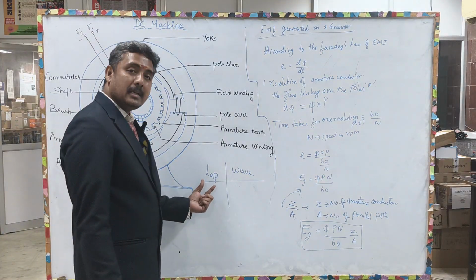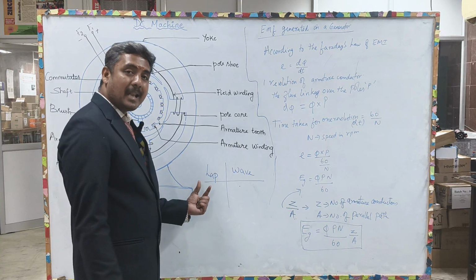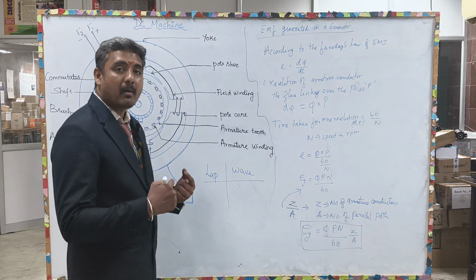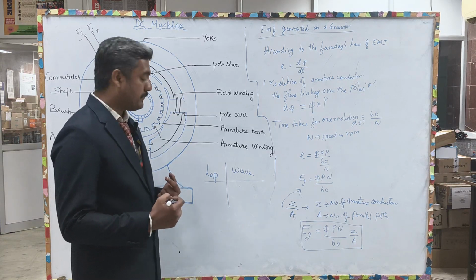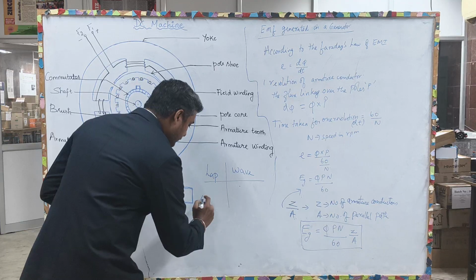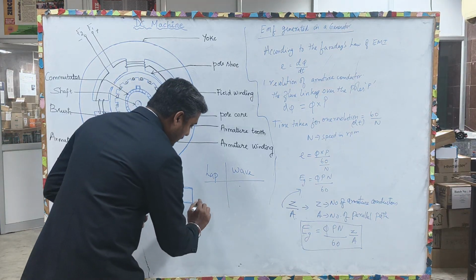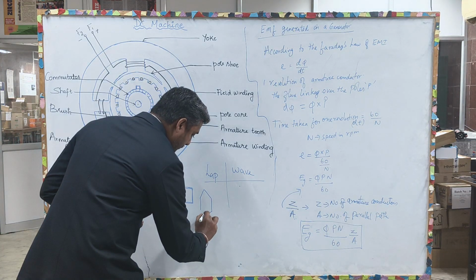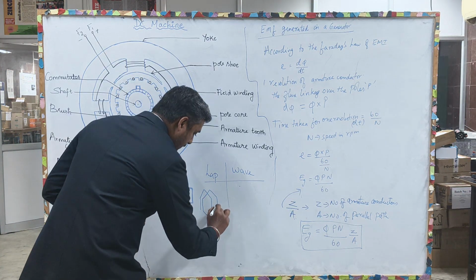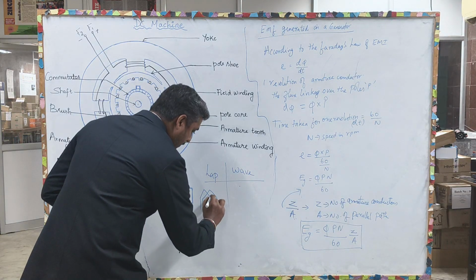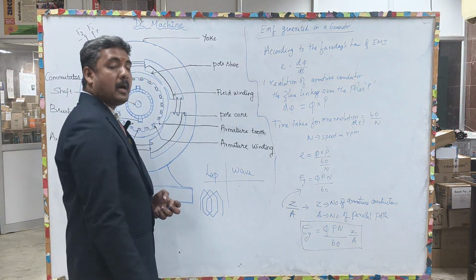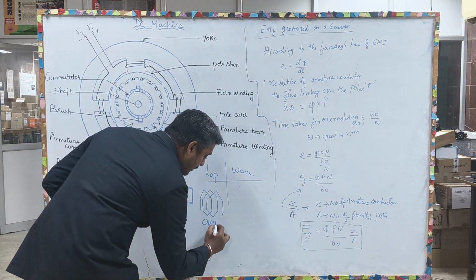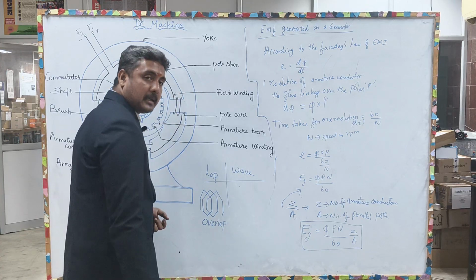If you take the armature conductors as lap winding, you will have an overlap of armature conductors.